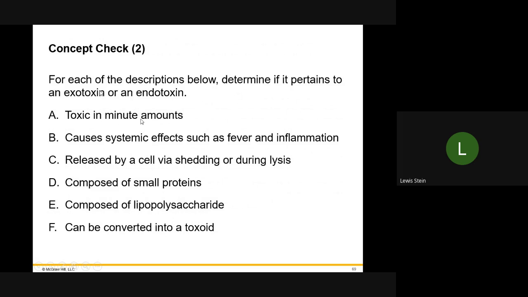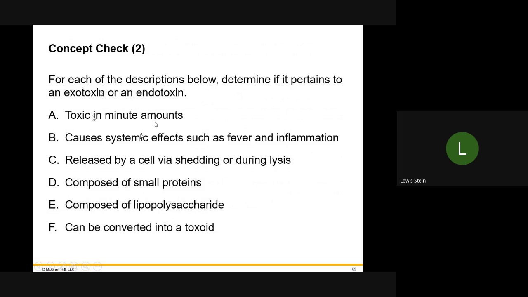Almost any toxin, typically an exotoxin, would be more like botulism toxin or tetanus toxin. Released by shedding, or during lysis. Again, that probably applies more to an endotoxin. Small proteins, definitely an exotoxin. Lipopolysaccharide, definitely an endotoxin.